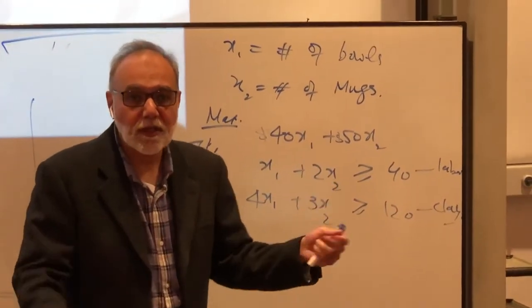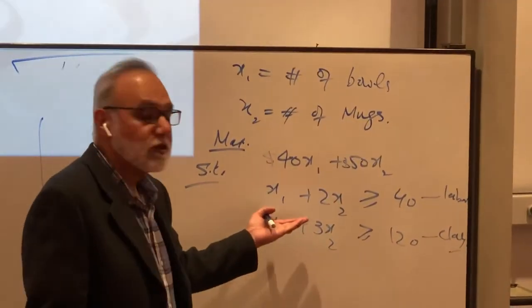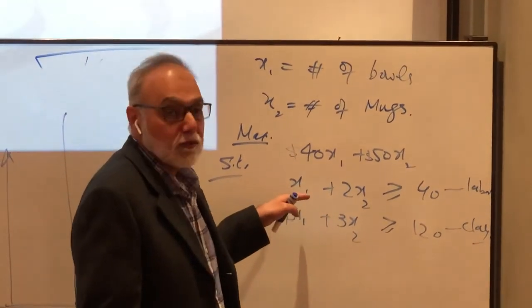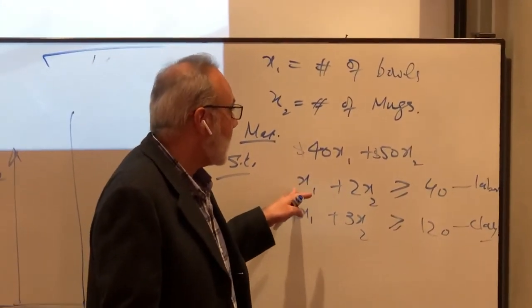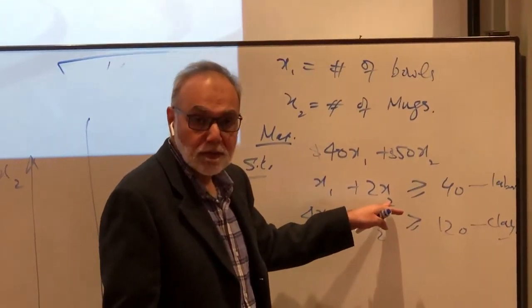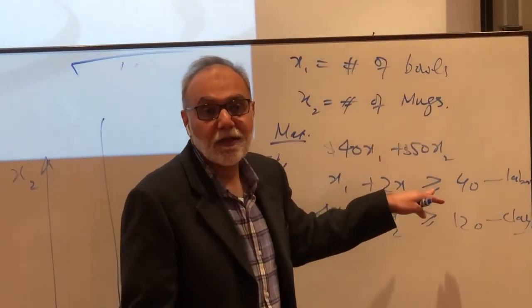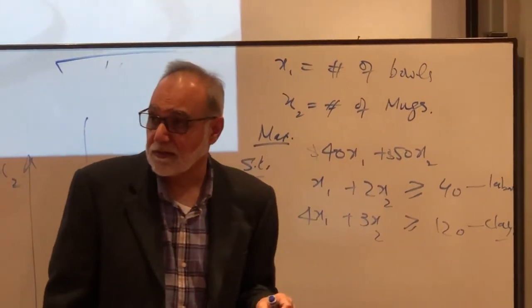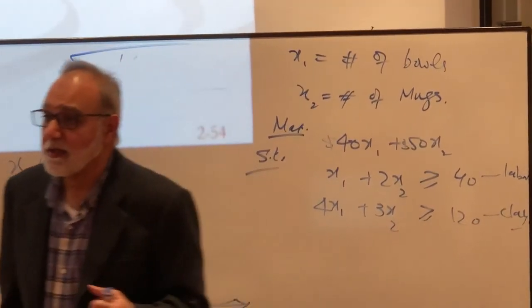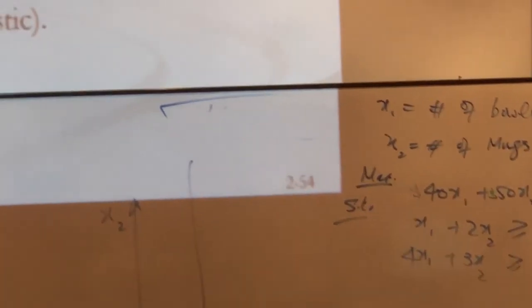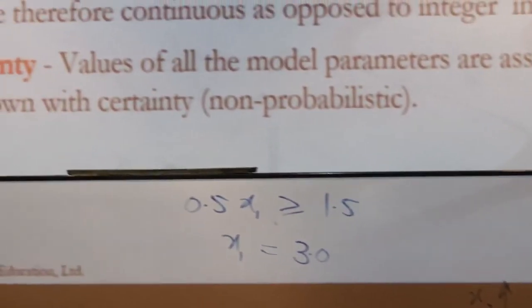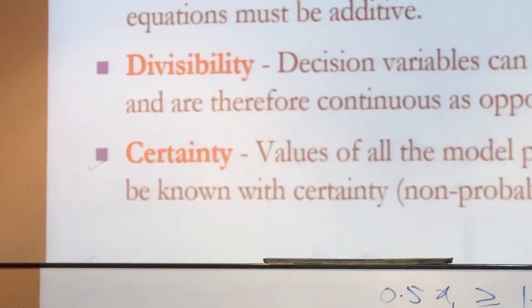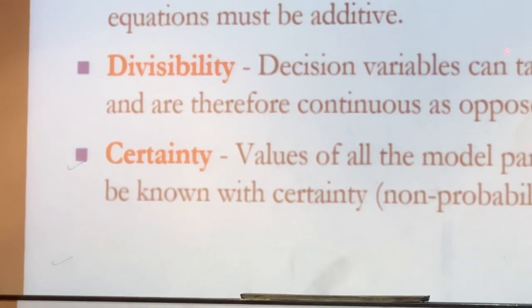So additivity is there in the objective function. The same goes here. If you make one bowl and one mug, you will use 3 hours. So additivity is there. Terms in the objective function and constraint equation must be additive.